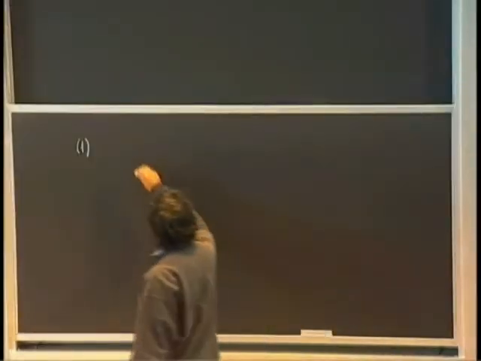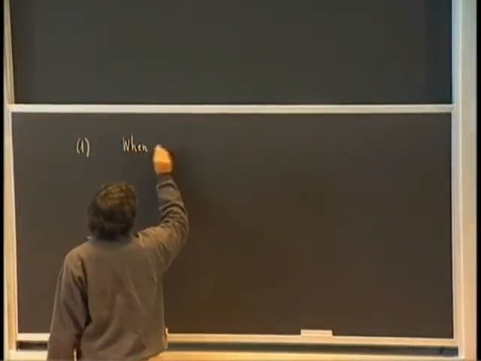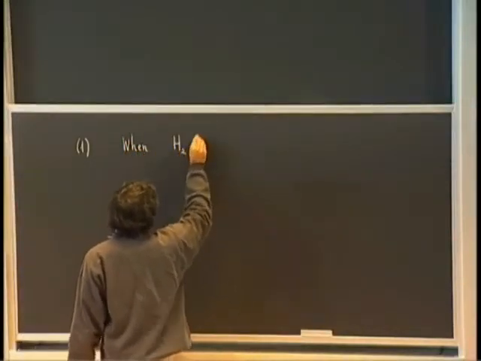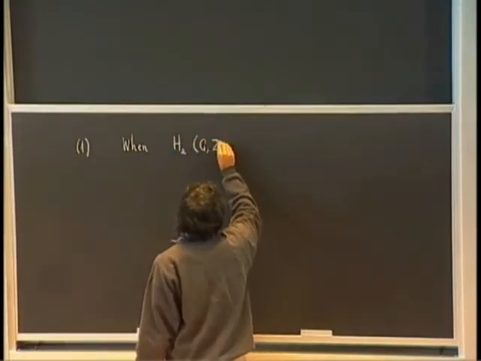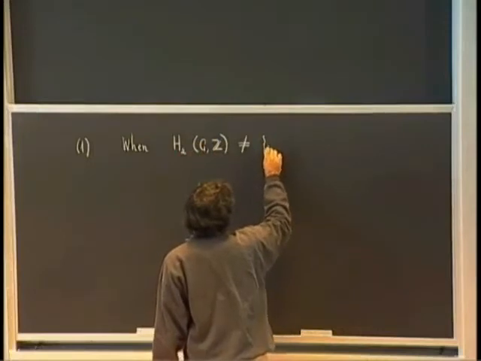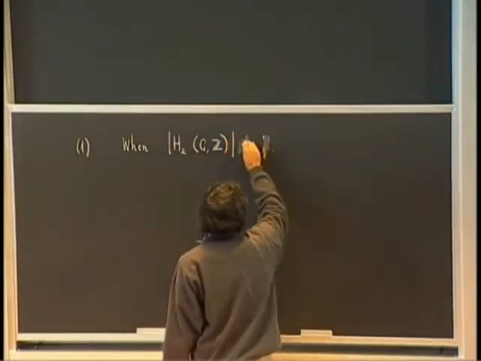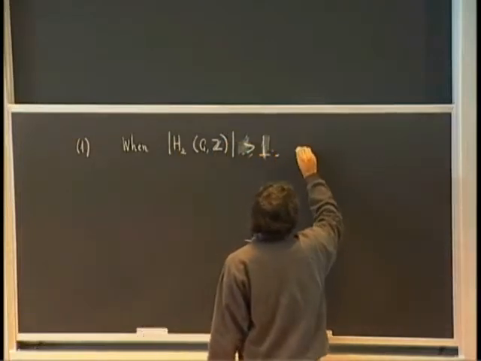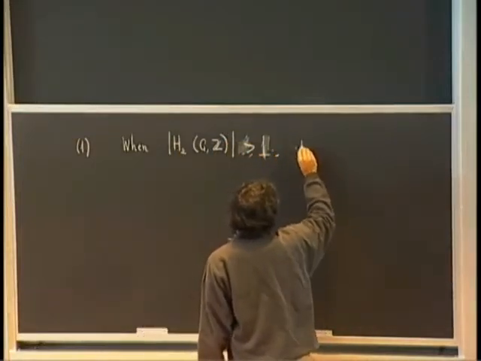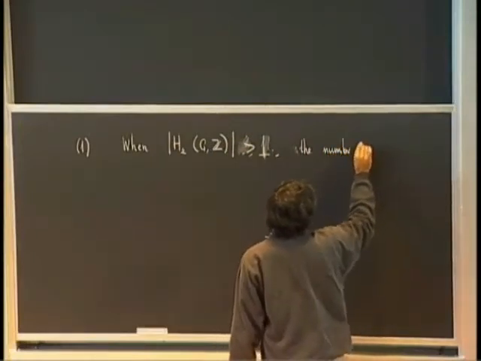So the first thing I want to say is when the Schur multiplier of the group G is non-trivial, it's not just has size bigger than 1, the expected number of fields can increase.